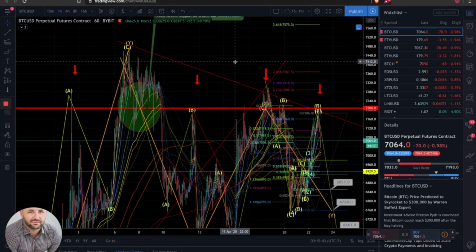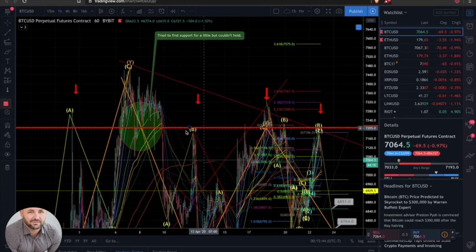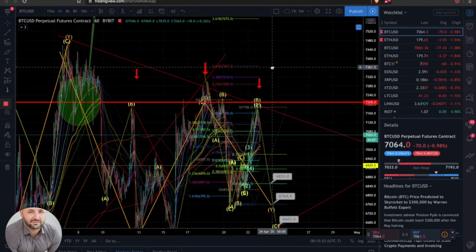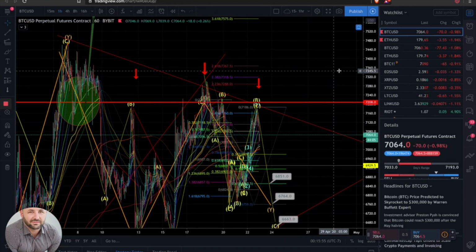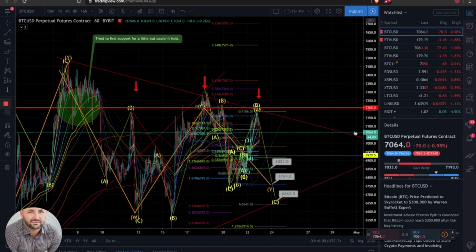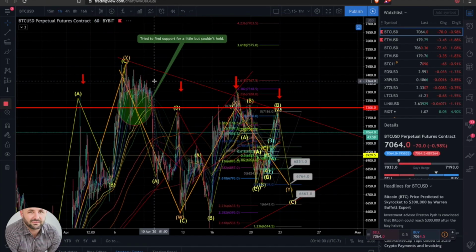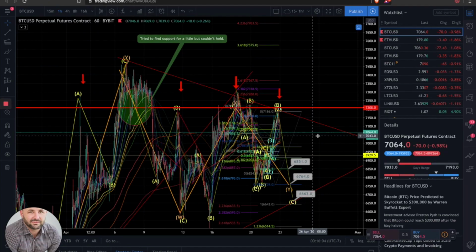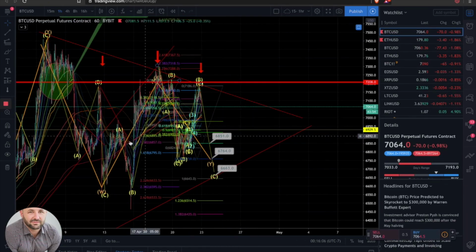We bounced around for a little bit, came back up, got rejected, again got rejected. So it's been a huge area of resistance, and the bears are really proving their point right here, and we've just been unable to break it. So we'll see what this turns into.